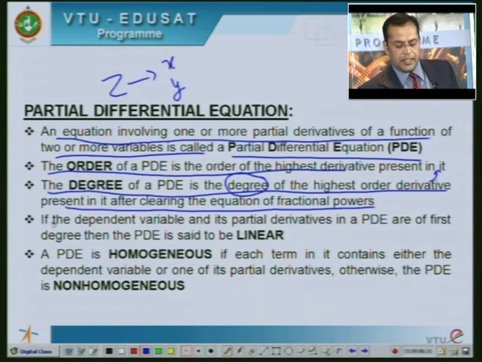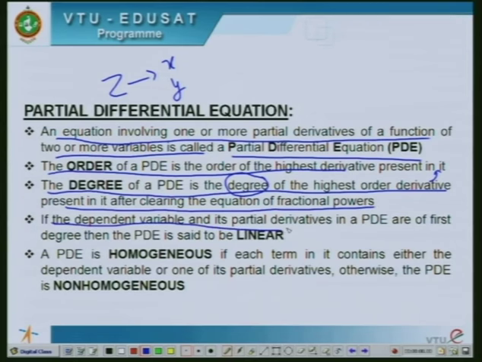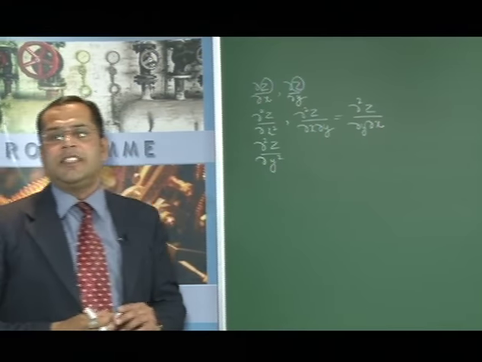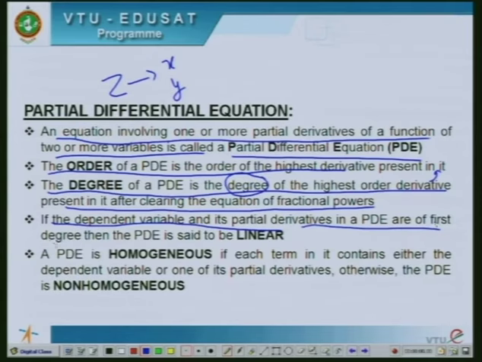Next, the dependent variable, you can see, friends, is z. In our discussion, we will take z as the dependent variable. So, if the dependent variable and its partial derivatives in a PDE are of first degree, then the PDE is said to be linear.